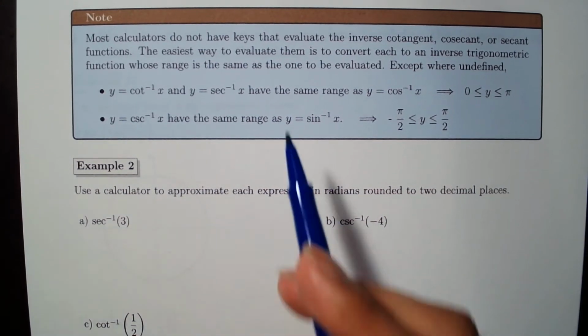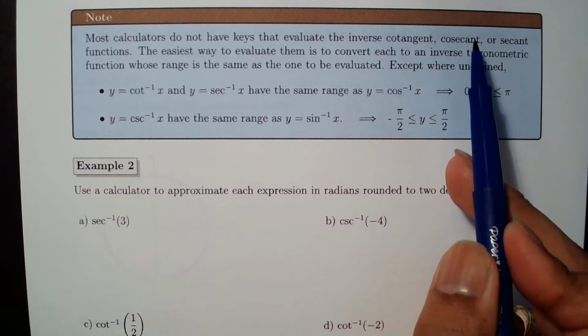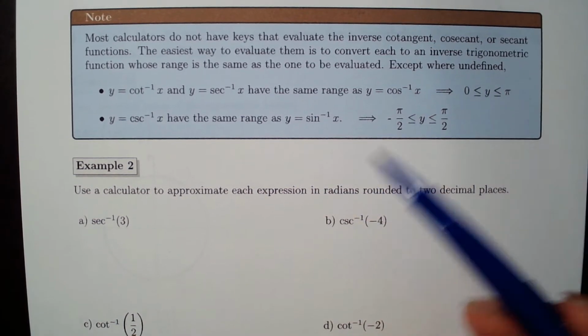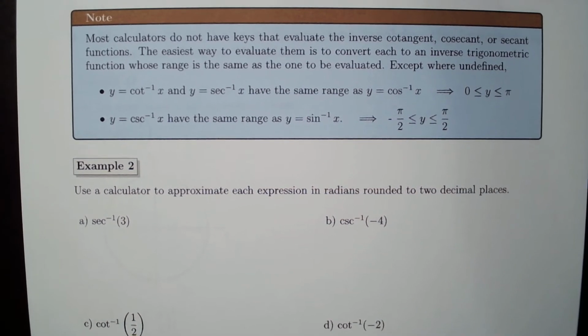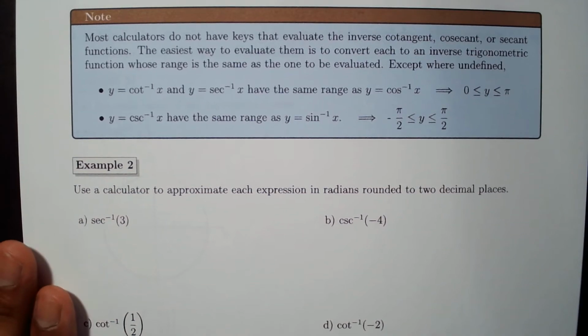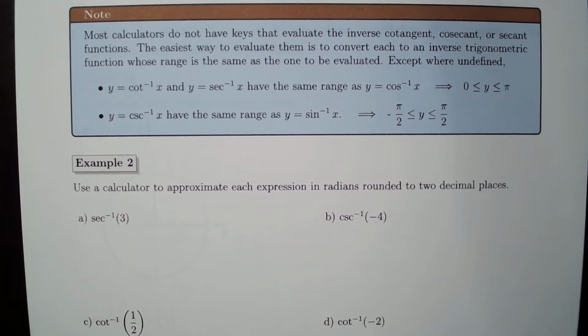And if we do 1 over tangent inverse, 1 over secant inverse, or 1 over sine inverse, it's not going to work. So it's going to require a little bit more work.